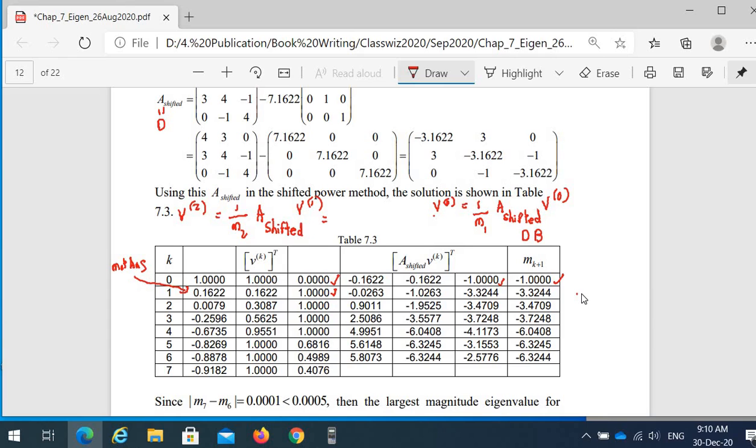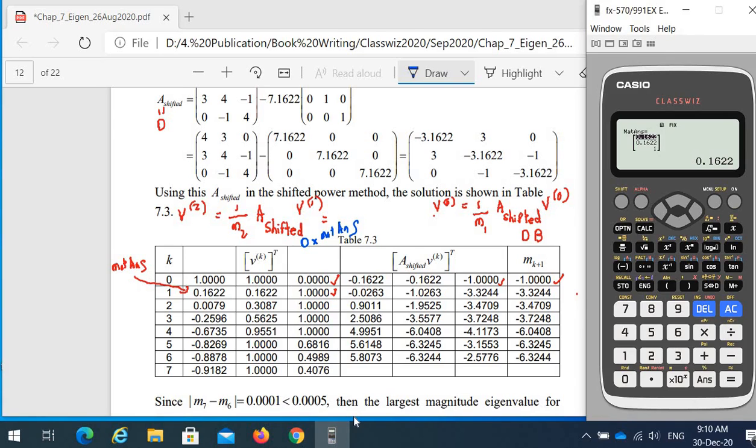The A shifted is still in matrix T. Now V1 is actually in max answer. So to get your A shifted times V1, now options, matrix T, multiply, option, matrix answer is here.